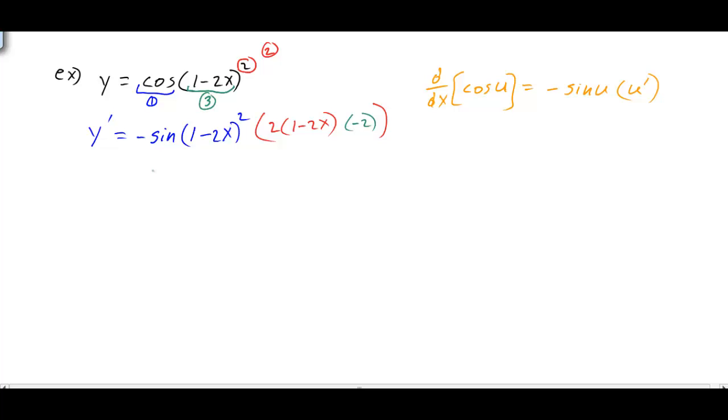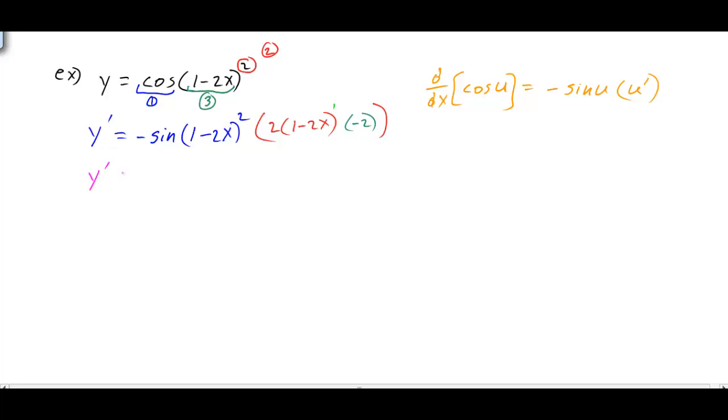So if you notice, when you take the derivative of the cosine, everything else stays the same. So the cosine is negative sine, 1 minus 2x squared, that all remains the same, multiplied by, again, 2 times 1 minus 2x. Okay, all we did here was drop the exponent down to a 1, and then you multiplied by the inside, 1 minus 2x, the derivative is negative 2.